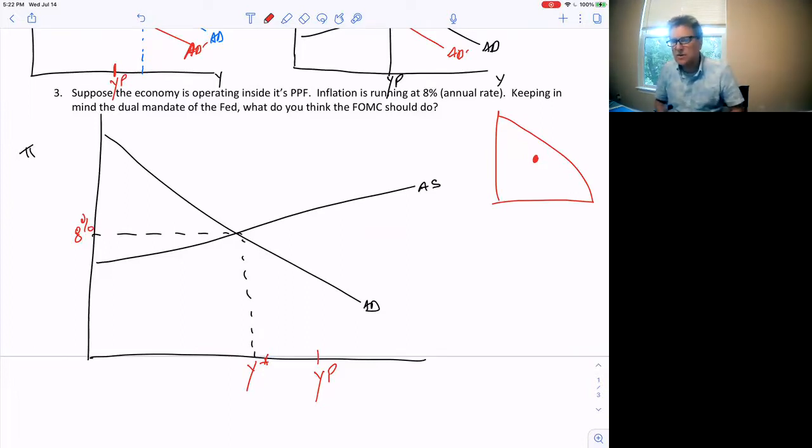This is difficult. This is a bit of a problem here because if they want to lower inflation, they're going to have to decrease aggregate demand, which means a decrease in the money supply, raising interest rates. That would decrease inflation.